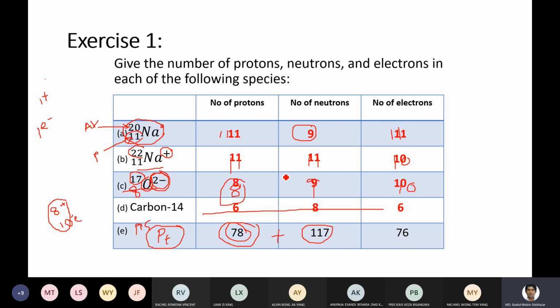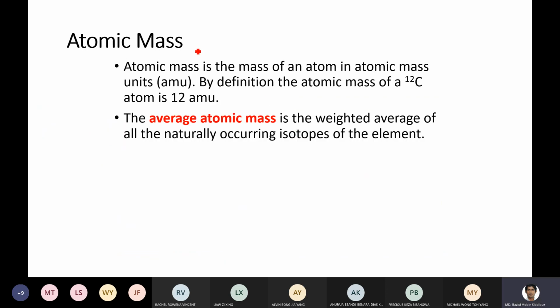There are 195 here, and 76 electrons, but as 78 protons are there, that means it will carry a 2 positive charge, because of 76 negative electrons and 78 positive charges. So 2 positive charges in excess are staying there. That means this platinum is carrying a 2 positive charge, and 78 here. Okay, in this way we can find it out.